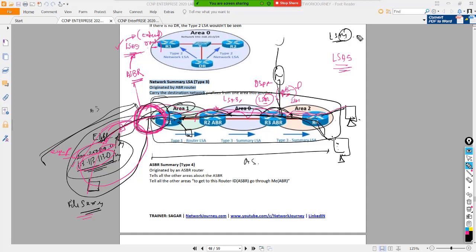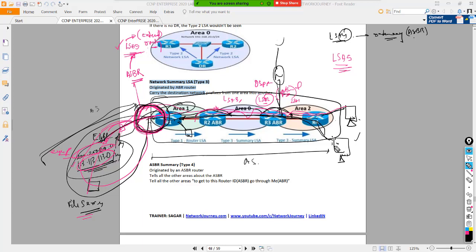Now LSA 4 acts as a gateway. So what is LSA 4? Basically it is the IP address of this ASBR. So let's say the ASBR is acting as LSA 4. In very simple words, let's say I have to send a file. I'm talking from this person's point of view.